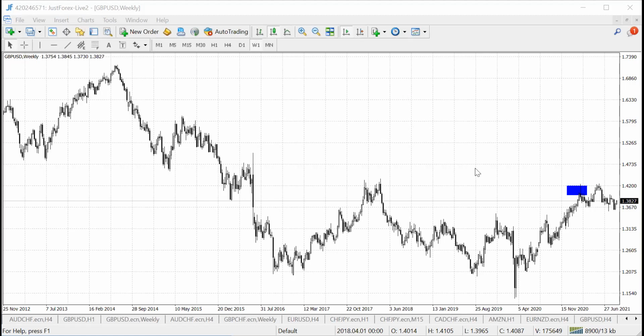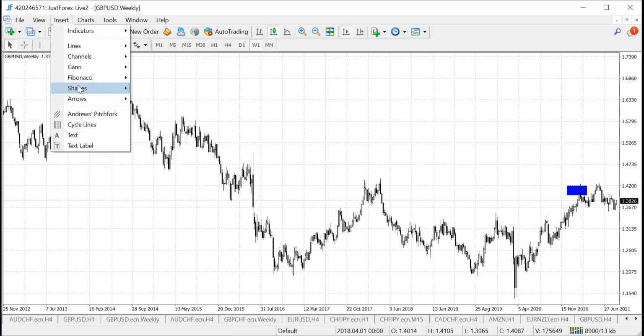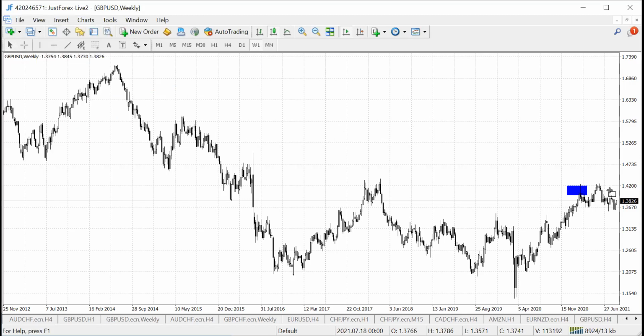If you check on the GBP, realize that it's trying to form a pattern called head and shoulders. I was trying to share the major structure of the area of value that you should always be looking at. We have the first shoulder, the second shoulder, then the head here.